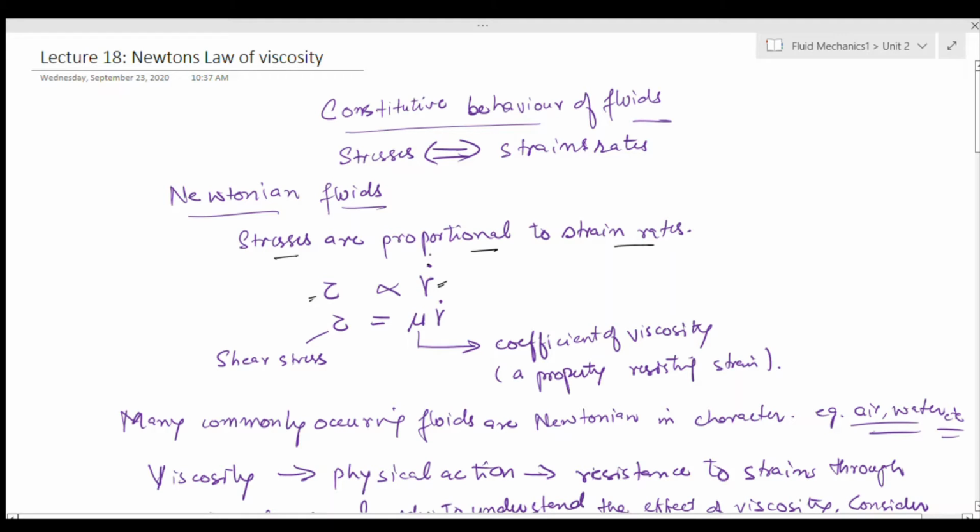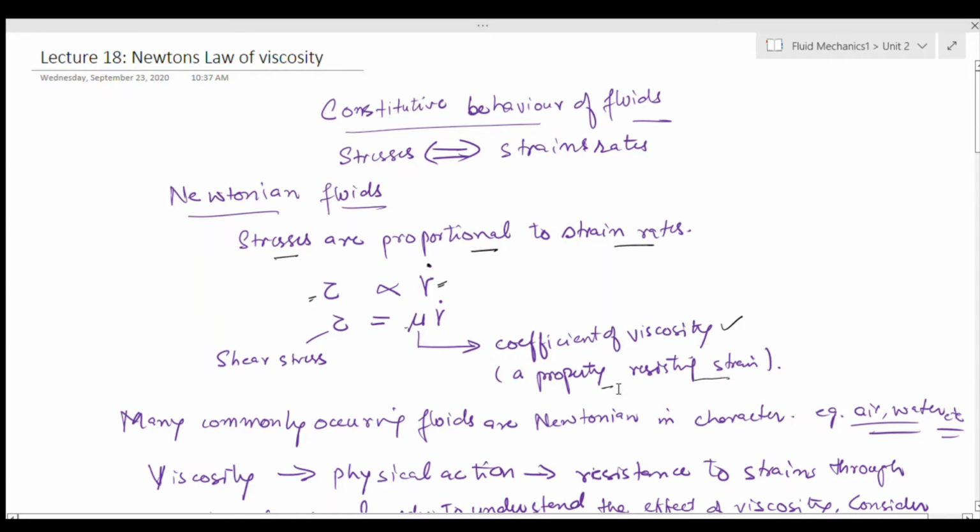Gamma here is my strain, obviously shear strain, and gamma dot is shear strain rate. Using mu as my coefficient of proportionality, I can say that my shear stress is equal to mu times gamma dot, that is my shear strain rate, where mu is the coefficient of viscosity, a property of fluid through which it resists strain.